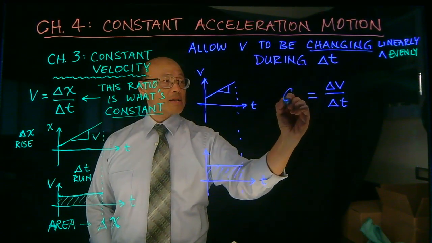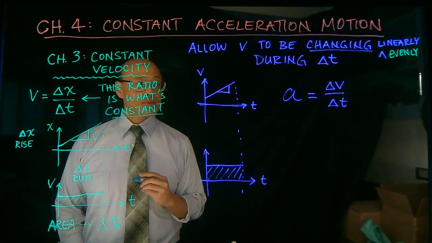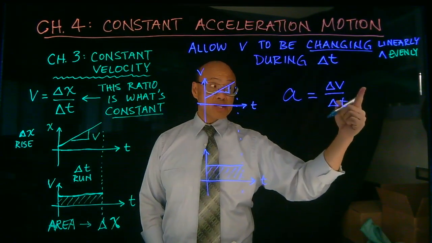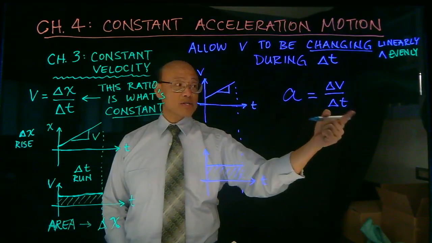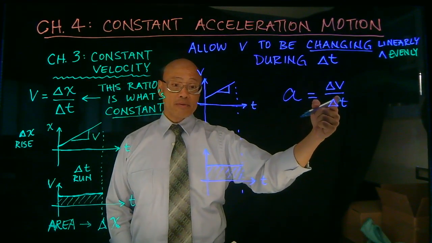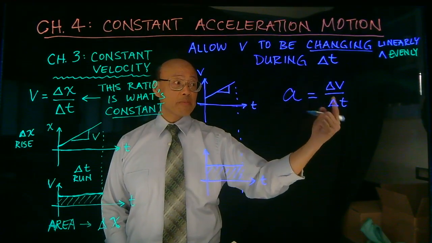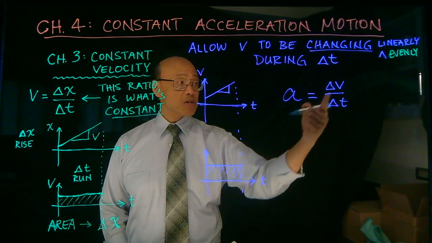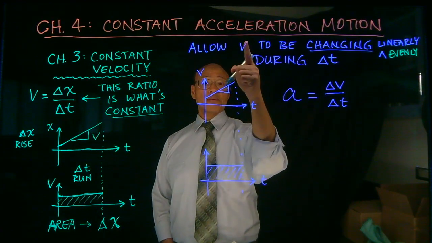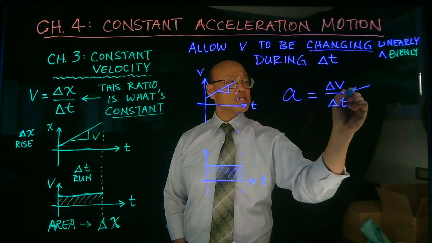We're going to call that acceleration. That's how I quickly got those numbers I drew: 0 to 60 in 5 seconds. What was my change of velocity? 60 miles per hour, and I did it in 5 seconds. 60 divided by 5 is 12. So when I say constant acceleration, what's constant? This ratio is constant.